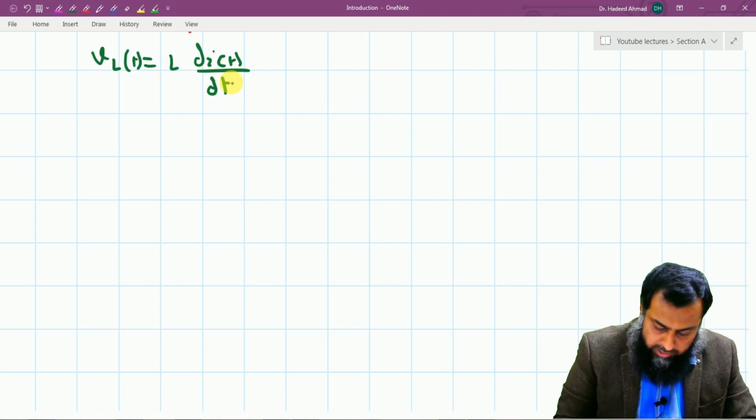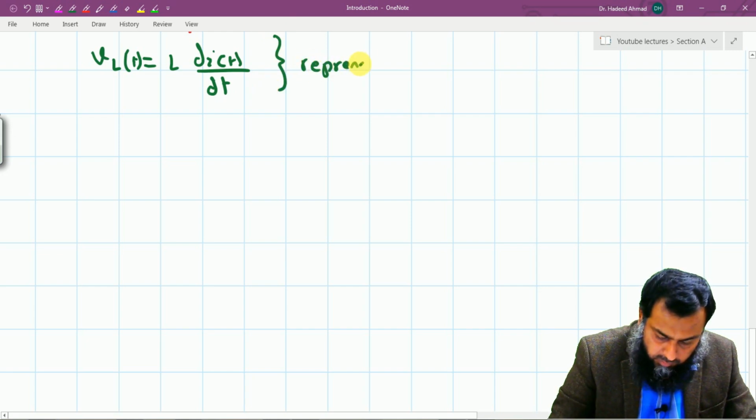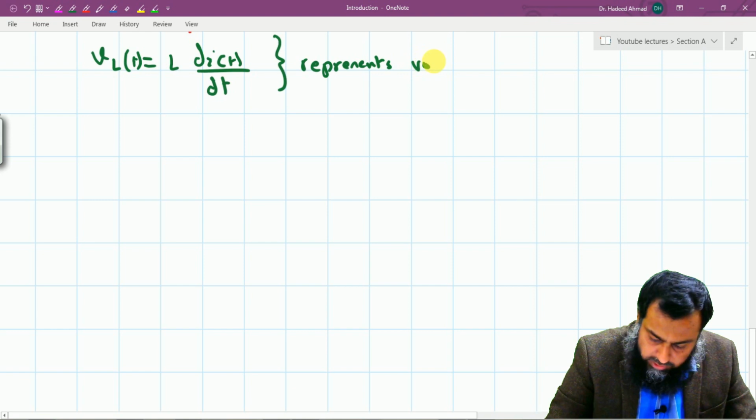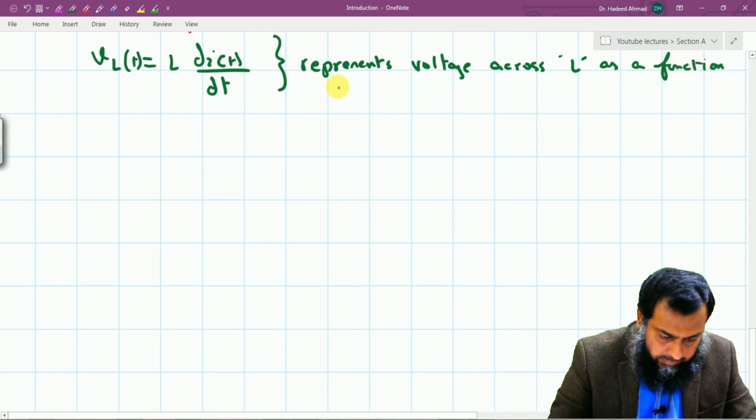the first thing here is that this equation represents the voltage across an inductance as a function of current, right?